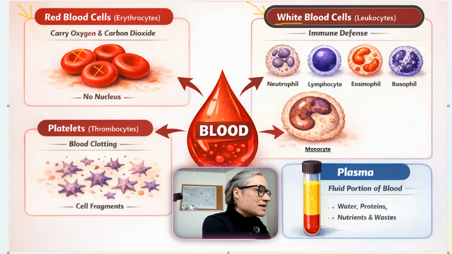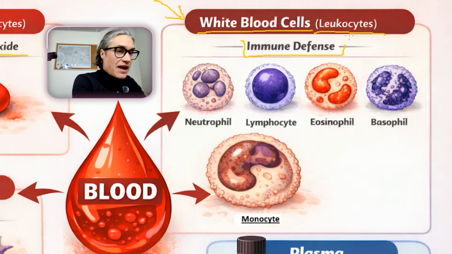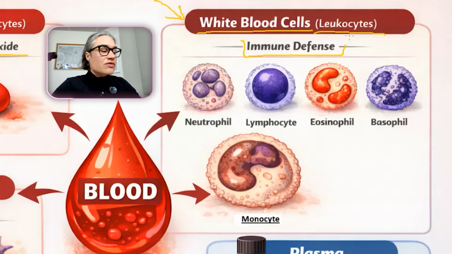Whereas white blood cells have a nucleus, and are also known as leukocytes. They're responsible for immune defense, protecting us from bacteria and other pathogens. It can be parasites, it can be fungi, maybe even foreign bodies. Here you can see two groups of cells.